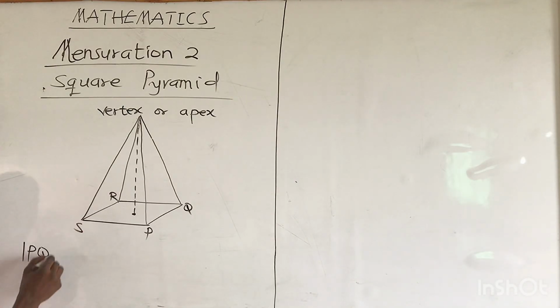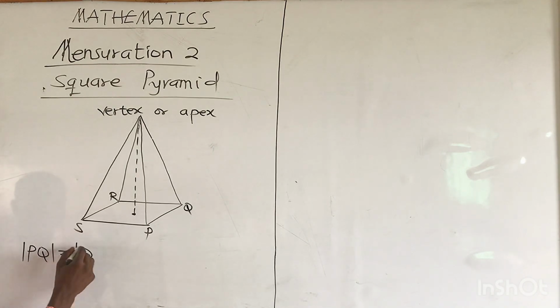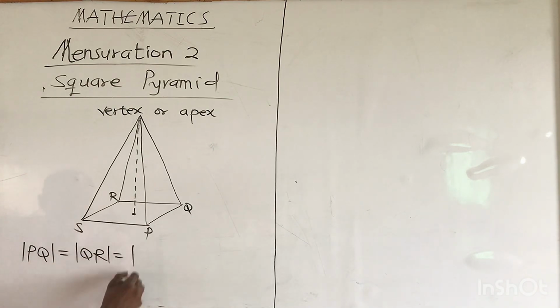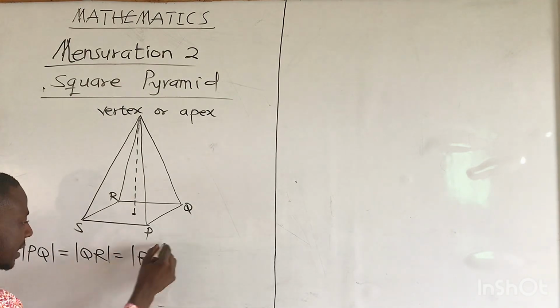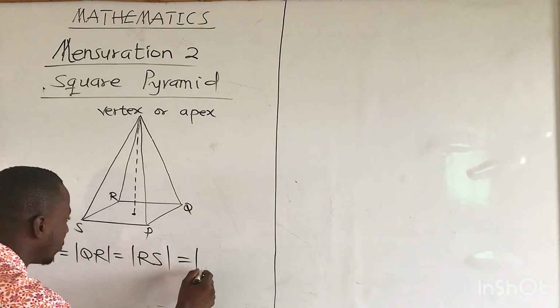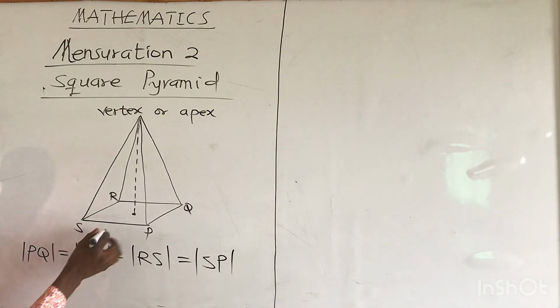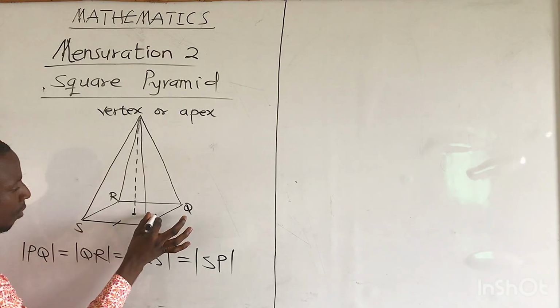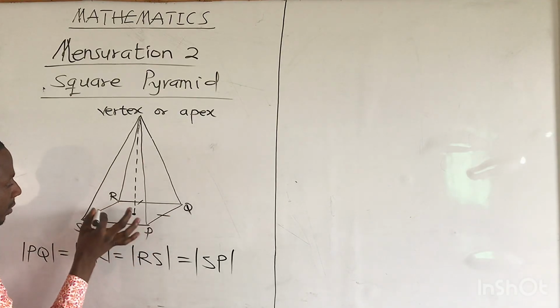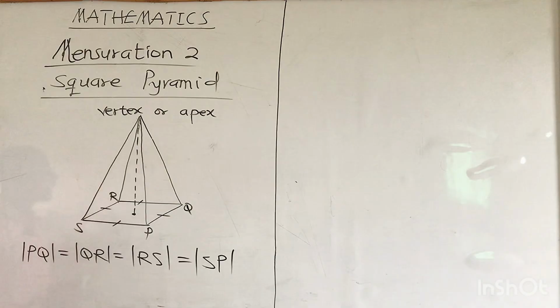So distance PQ is equal to QR, RS, and SP, because the base is in the form of a square.